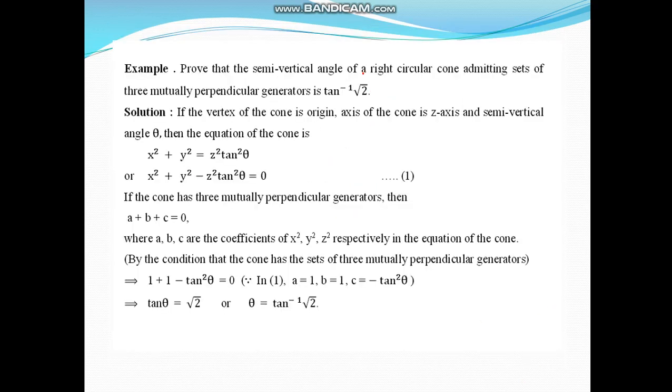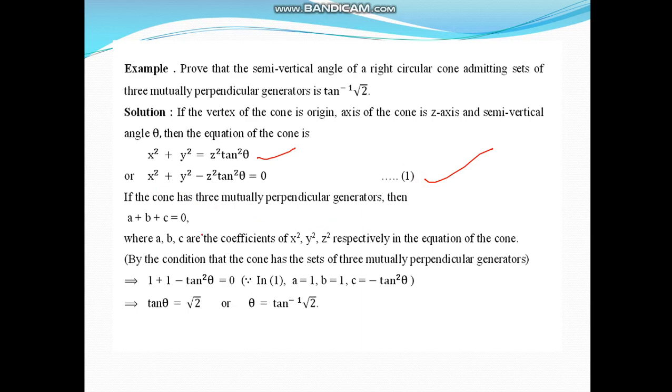Then next is, prove that the semi-vertical angle of a right circular cone admitting sets of three mutually perpendicular generators is tan inverse root 2. Vertex of cone is origin, axis of cone is z-axis suppose, and semi-vertical angle is theta. So equation of cone is this here, but we have given here cone has three mutually perpendicular generators.